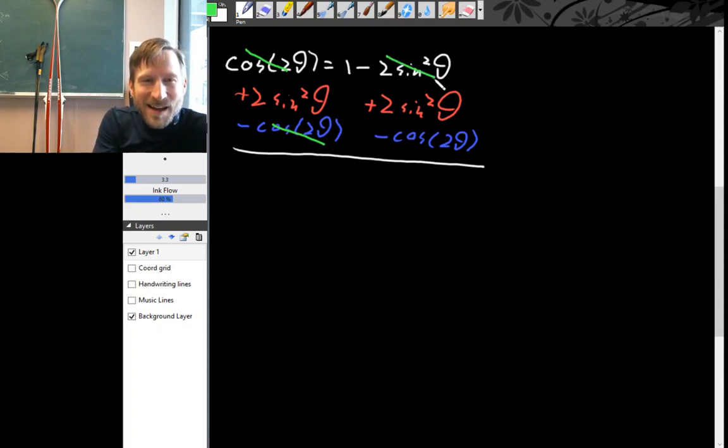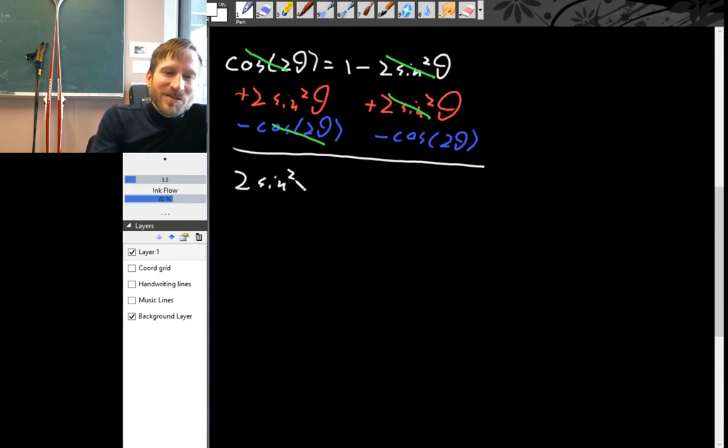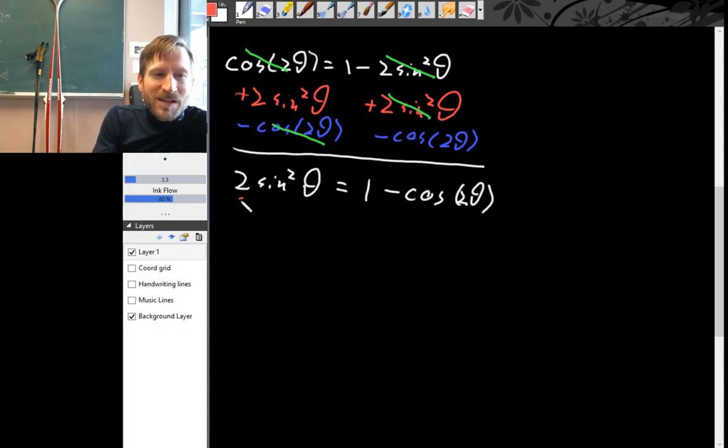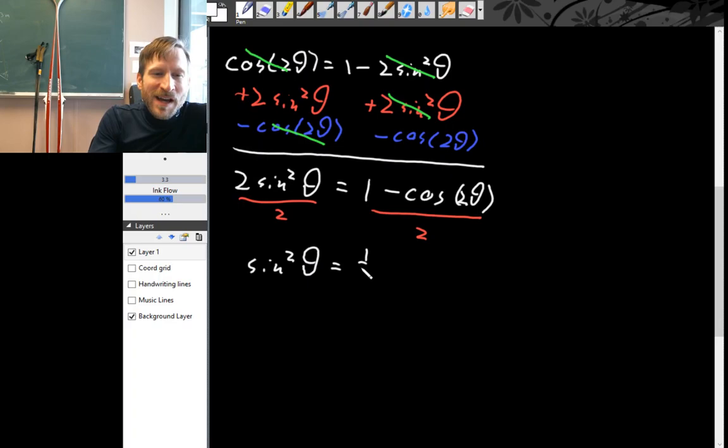And on the right-hand side, the 2 sine squareds cancel. So we're left with, on the left, 2 sine squared theta. And on the right, 1 minus cosine 2 theta. Oops, I missed my 2. There we go. Now we need to divide both sides by 2. And we get sine squared theta equals 1/2 times 1 minus cosine 2 theta.